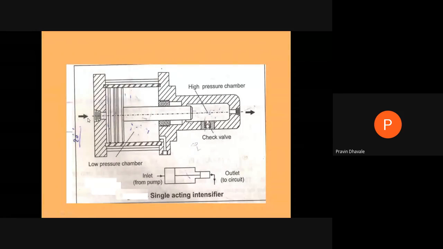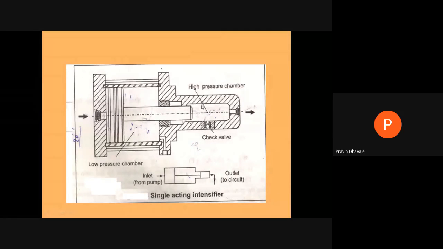The fluid coming from the pump passes over here, right? And this is the other chamber, called the high pressure chamber, and it is supplied with a certain fluid.